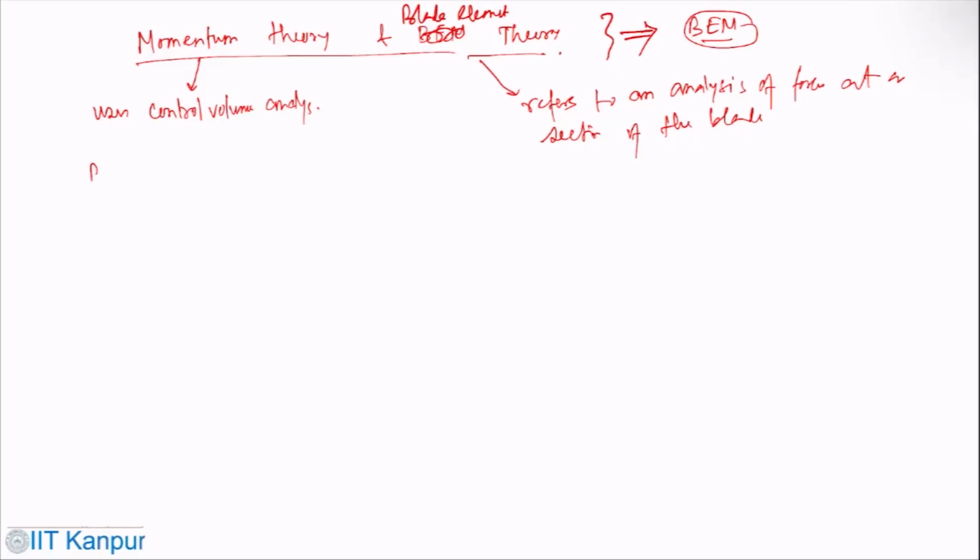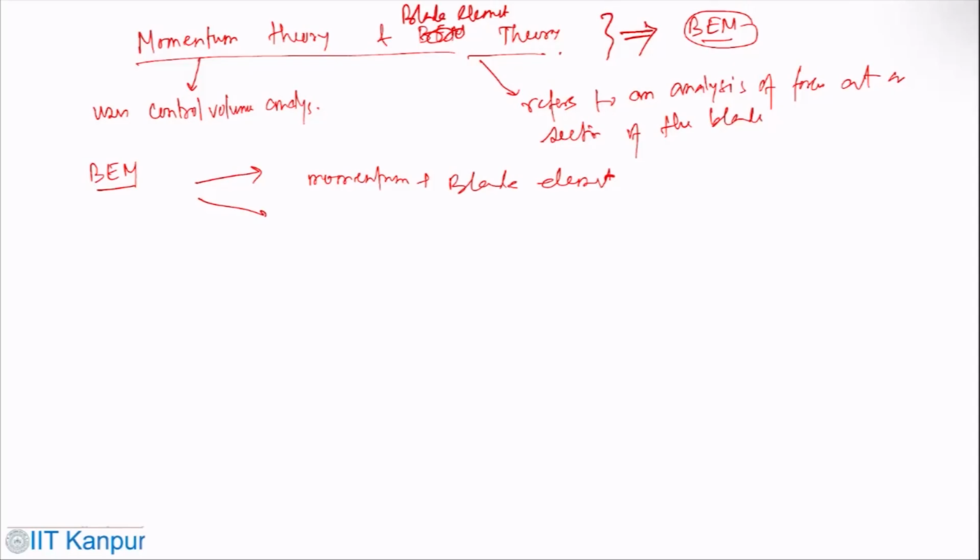So BEM theory uses momentum theory plus blade element theory. The simplest optimum blade design has an infinite number of blades and no wake rotation. Then you can have performance characteristics, which are forces, rotor airflow characteristics, power coefficients, and also a simple optimum blade design including wake rotation and a finite number of blades.